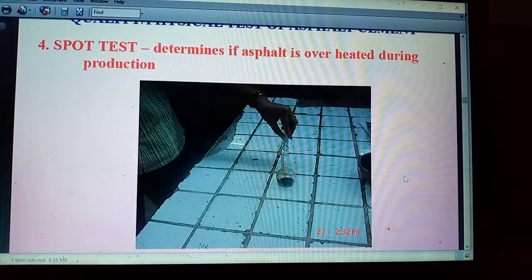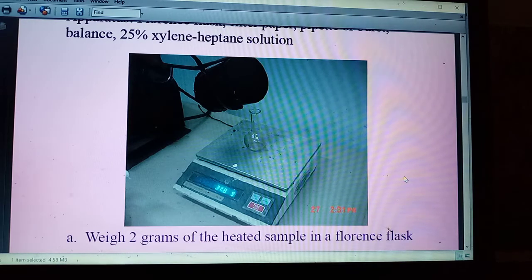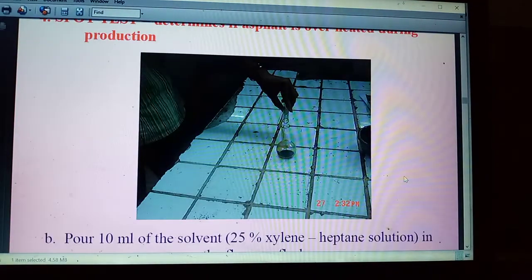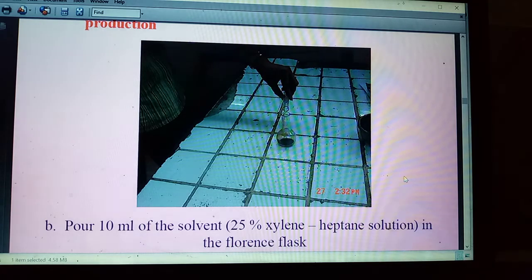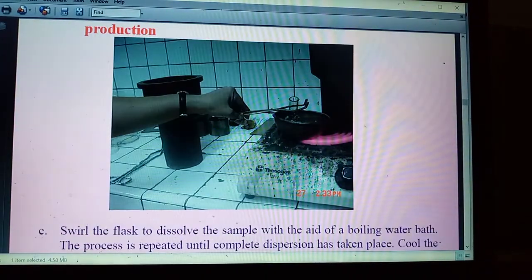Okay, repeat natin. Una, nag-weigh tayo ng heated sample sa Florence flask. Then, pangalawa, nag-pour tayo ng solvent. Okay? In the Florence flask pa rin. Yung solvent natin is 25% xylene heptane solution. Then, yung third natin is sinwirl natin.